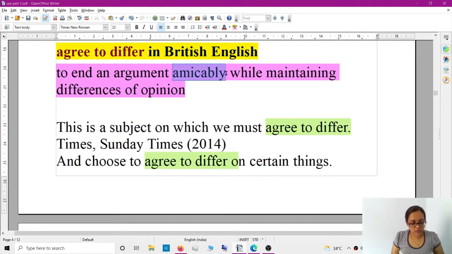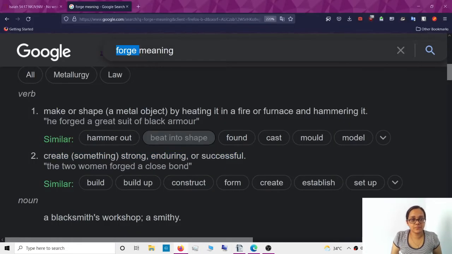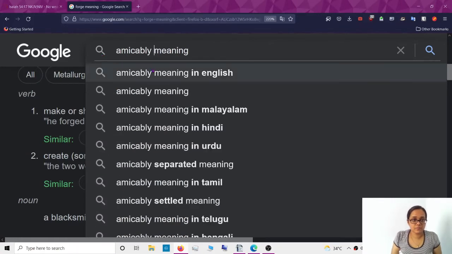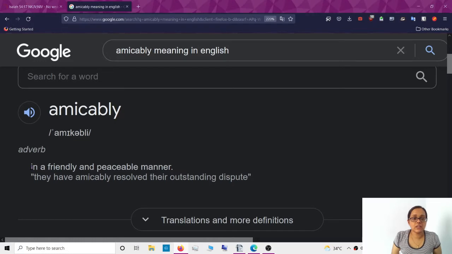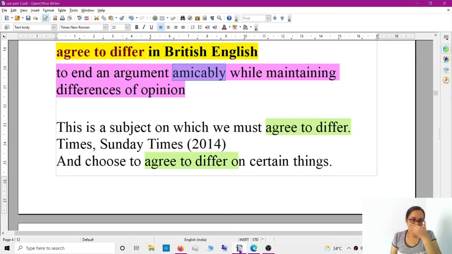Let's look at the meaning of amicably. In a friendly and peaceful manner, that is known as amicably.